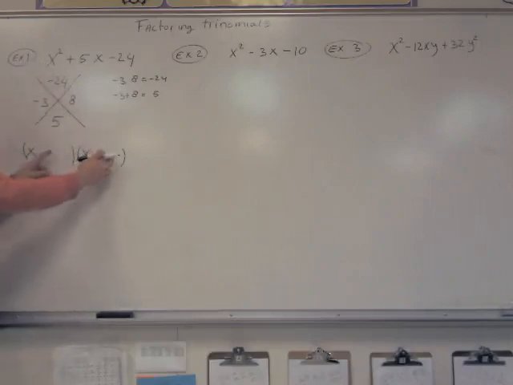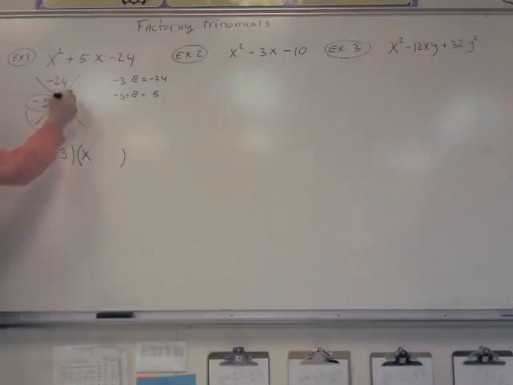The next two numbers are the numbers that we found as a solution for the diamond problem: negative 3, so minus 3, and 8, plus 8.